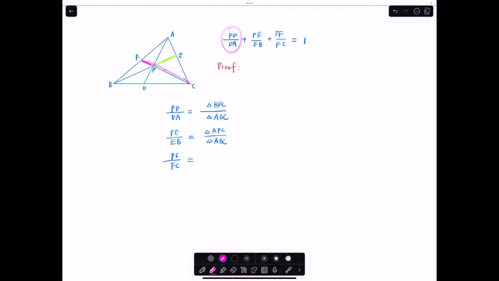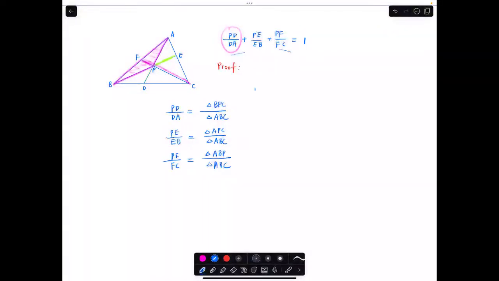We claim that this ratio is actually ABP, right? This small area over the big triangle. So in other words, that's equal to triangle ABP over ABC.